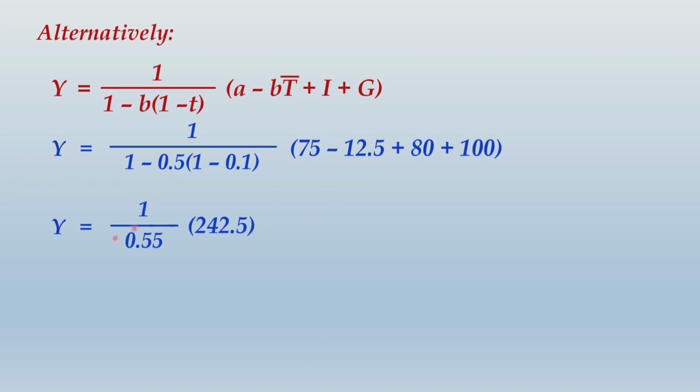So the Y value is simply the multiplier into 242.5, and when 242.5 is multiplied by this multiplier, you are going to get the same national income we computed in the original solution. So it is okay to present the solution this way also in the examination. Of course, you will have to define all the variables, which we haven't defined here because I have already shown you the definitions in the earlier slides.